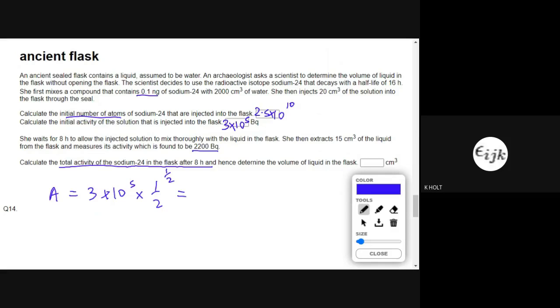It's going to be the new activity. So the new activity is 2.13 times 10 to the 5 becquerel. That's the whole flask. But she extracts 15 centimeters cubed, and that has an activity of 2,200 becquerel.